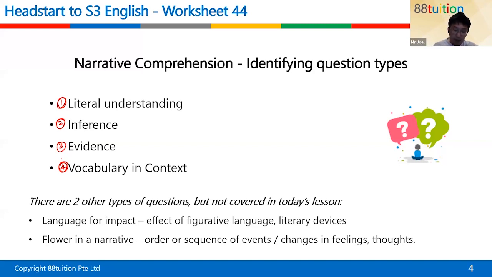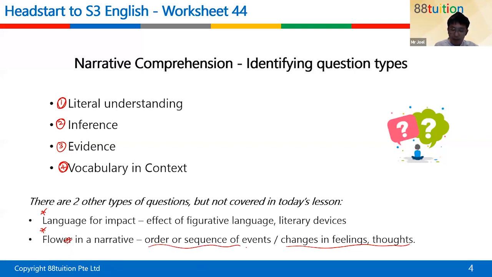So there are 2 other types of questions that I'm not covering today. First would be language for impact, and the other one is flow in the narrative, not flower. Flow in the narrative, right? So it's either asking you to order or sequence events or changes in feelings and thoughts.